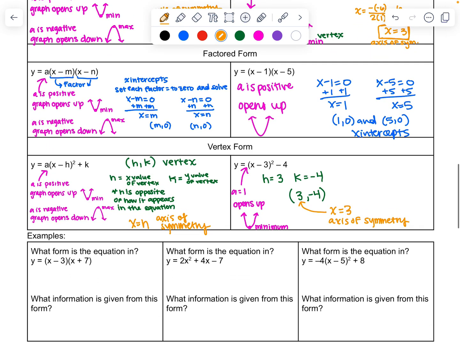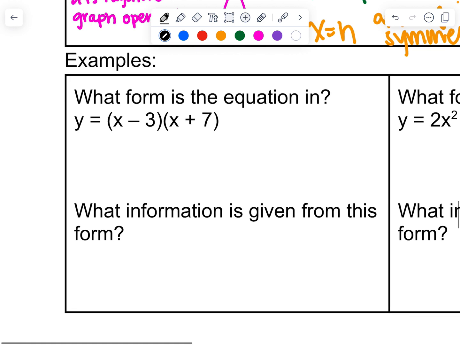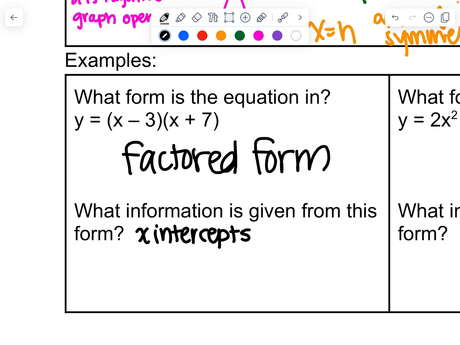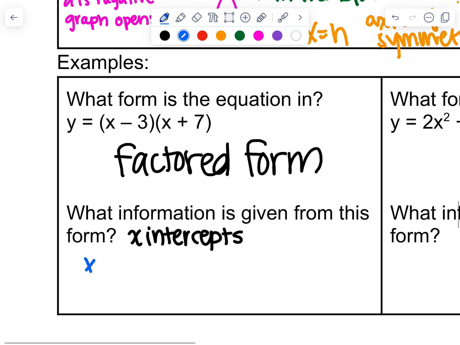If we wanted to test it out on these equations down at the bottom, we notice that first, that is factored form. We are looking at those two factors. When we have factored form, we can find the x-intercepts. To do that, we would set each factor equal to 0.